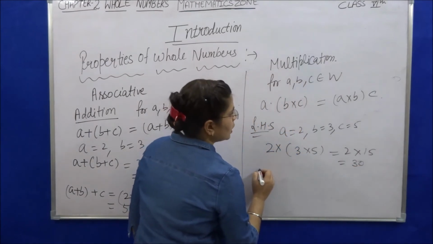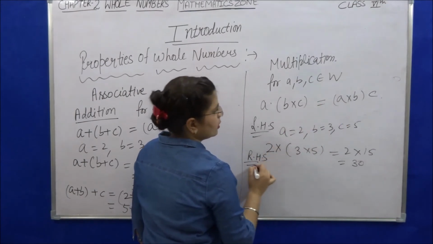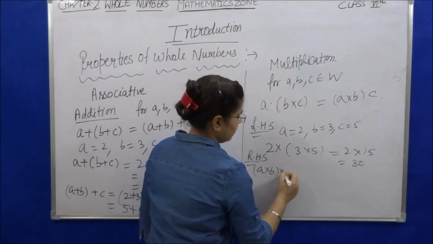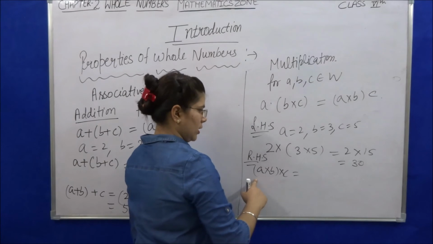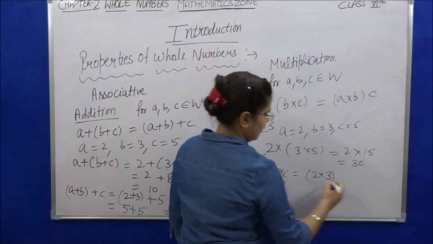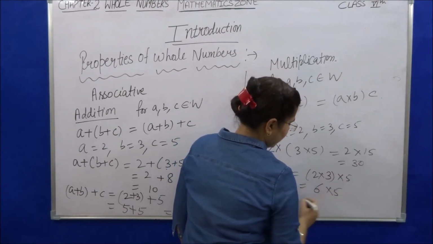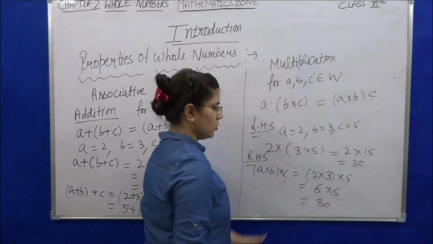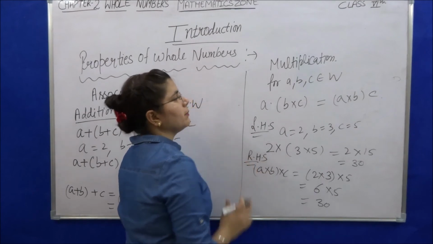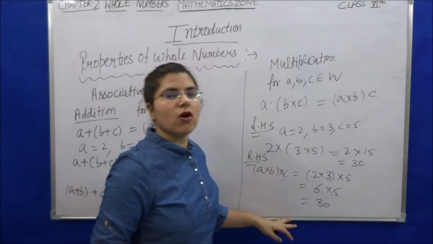Now taking the right hand side, A multiplied by B, bracket, multiplied by C, which is 2 multiplied by 3 multiplied by 5. Now 2 into 3 will be 6, multiplied by 5, that is equal to 30. So 30 is equal to 30, so left hand side equals right hand side. So under multiplication also associativity holds in case of whole numbers.